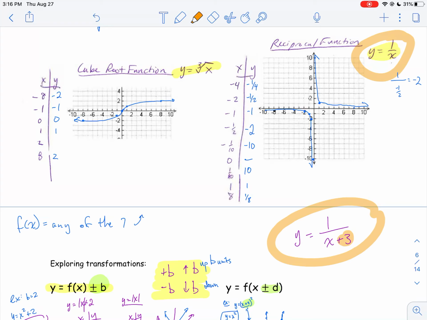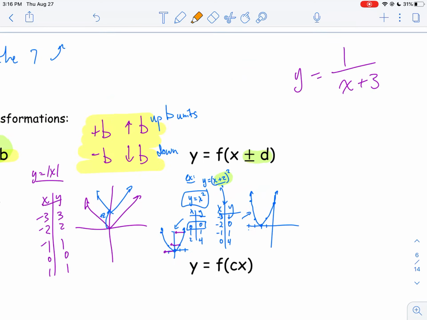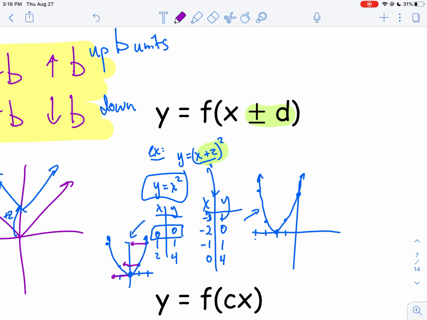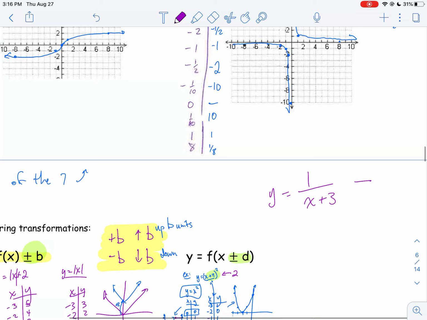It's moving right 3. Since it's moving right 3, I've said right 3. It's plus 3. But what does the plus 3 do? It's going to have the same impact that the plus 2 had here. It's going to move it left 2. So this is going to move left 3.